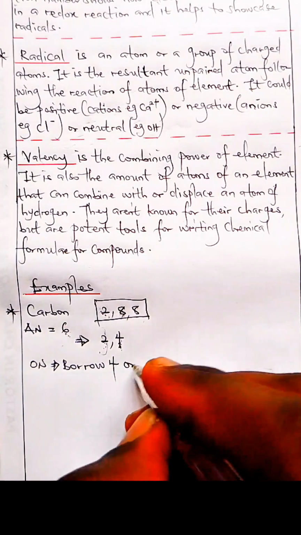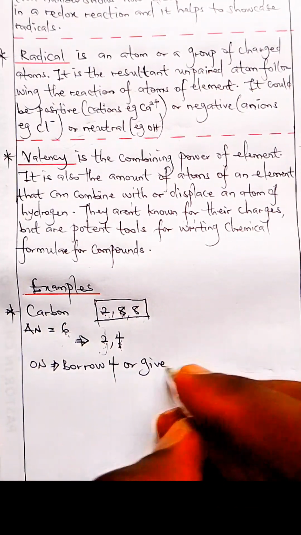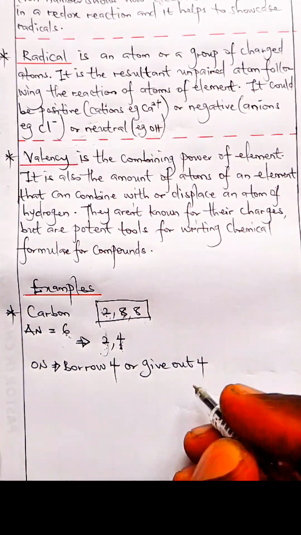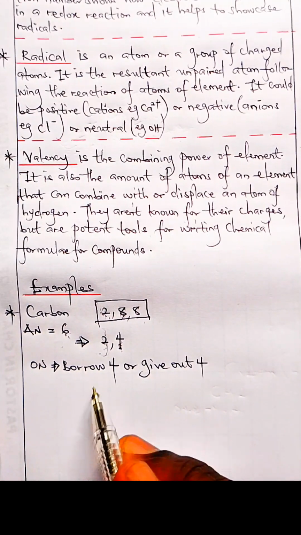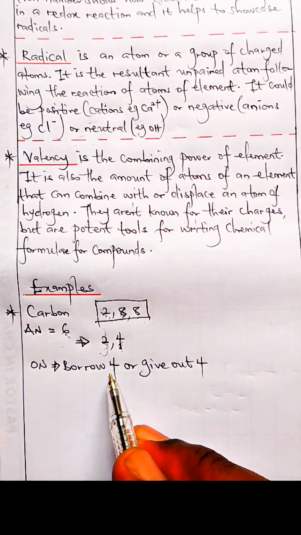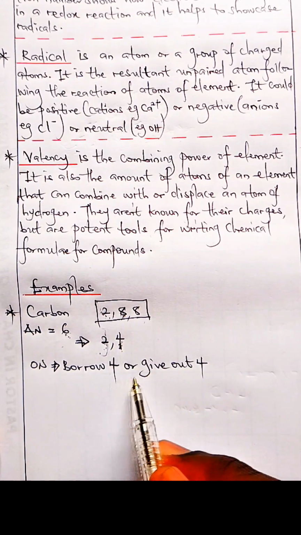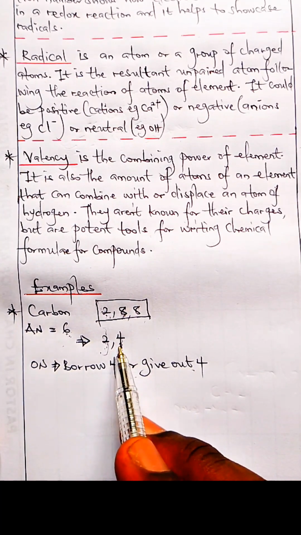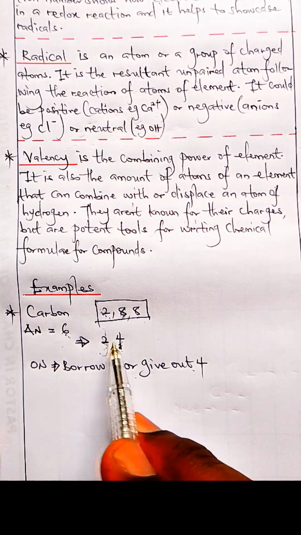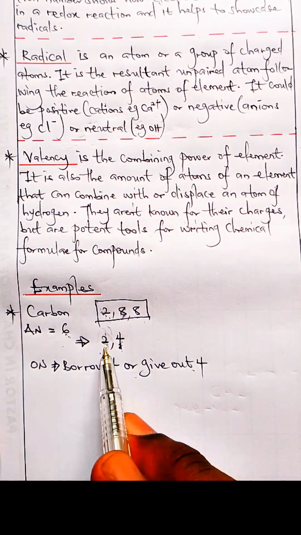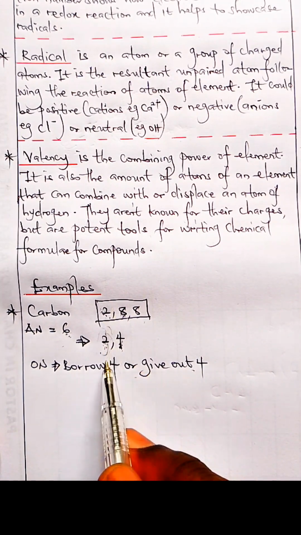By the time it borrows 4 electrons, it balances the second shell to make it 8. If it gives out those 4 electrons, it becomes balanced because you end up having just 2 electrons in the first shell.